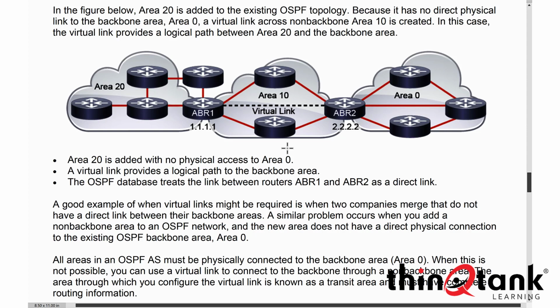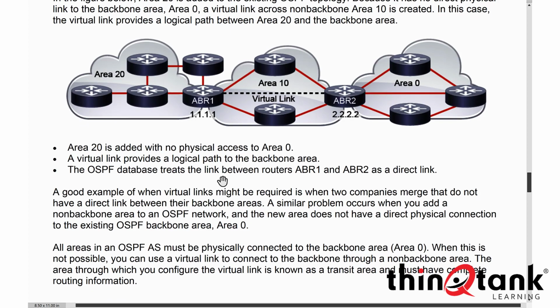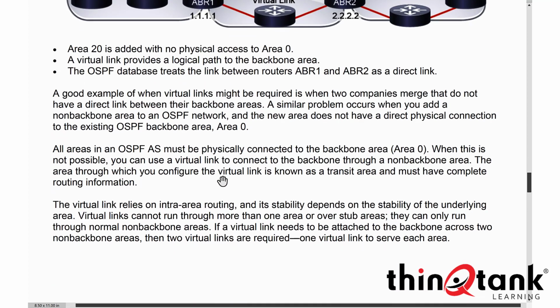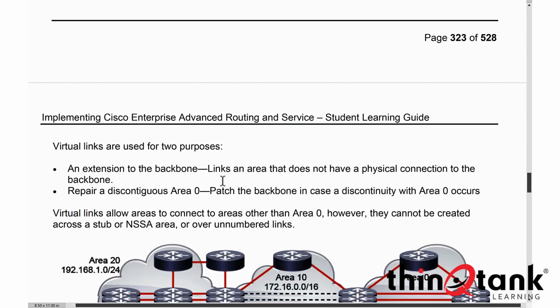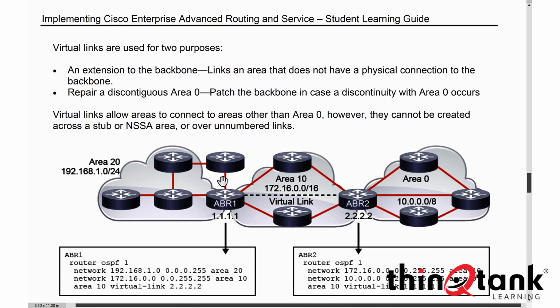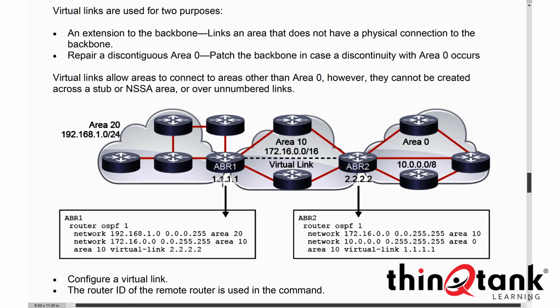In essence, what we are doing is creating a tunnel through area 10 to make it appear as though area 20 has a direct connection to area 0 via ABR2. As far as the configuration goes, it's relatively straightforward. We simply go into our ABRs and specify the router IDs of the neighboring ABR, and specify that we're going to create a virtual link utilizing those ABRs.